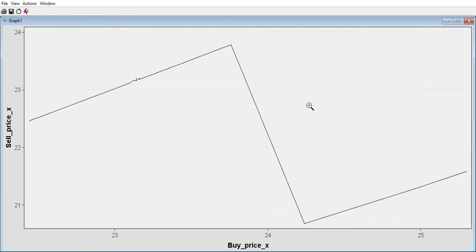So this is how we can use the line plot for performing exploratory data analysis to find the discontinuities and the regularities in the trading pattern of the time series stocks. Here we have done the correlation between selling price and buy price, but anybody can use any other attributes to do the correlation depending on their area of interest. So that's about this video.